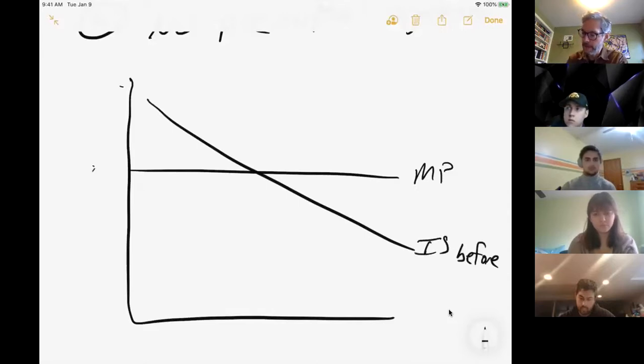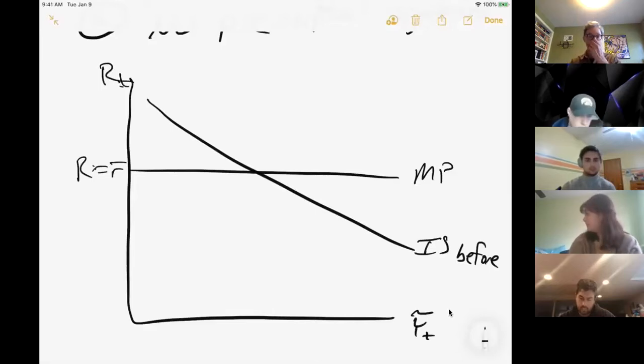Okay, so here we have our IS model. What's this going to look like now? Well, now for any economic shock, the government's going to have to keep the budget balanced.